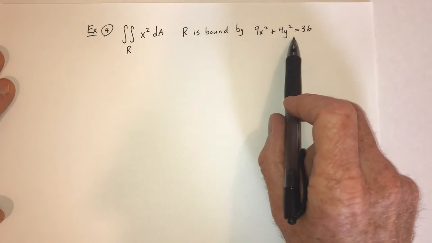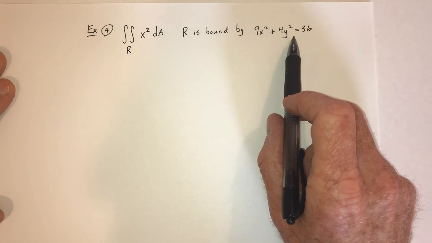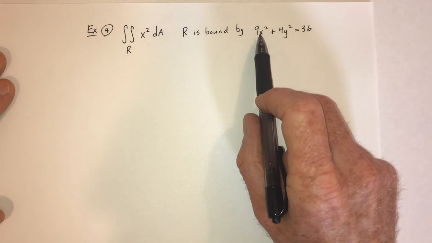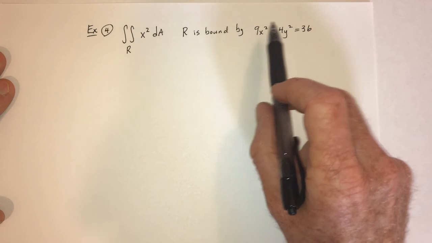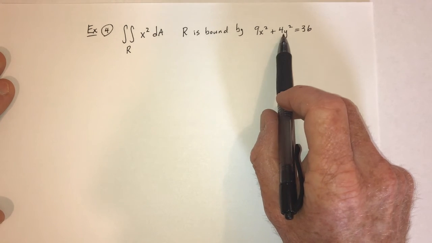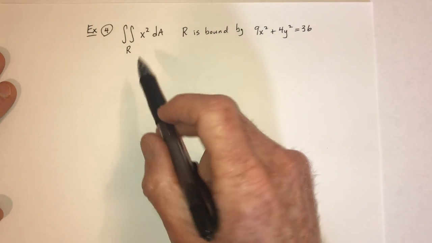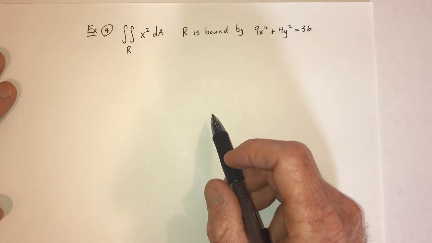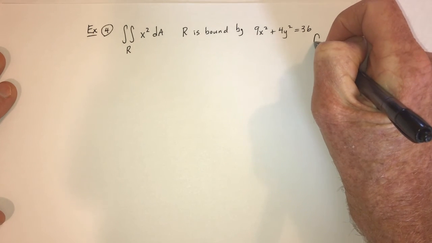Well, notice that this is an ellipse, and it would have been so much easier if it was a circle. Because if it was a circle, even if it said 9x squared plus 9y squared, you could factor out the 9, and once you have x squared plus y squared, you change that to r squared, you change it to polar, and we'll be done in about 2 minutes. But with an ellipse, that makes it more challenging.